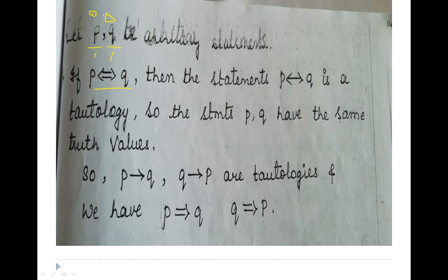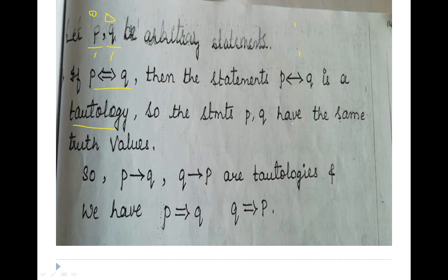Then we can say P biconditional Q is a tautology. When it is 0 0, the biconditional value will be 1. If it is 1 1, here also it is going to be 1. So both values I get are 1, so we can say it is a tautology.